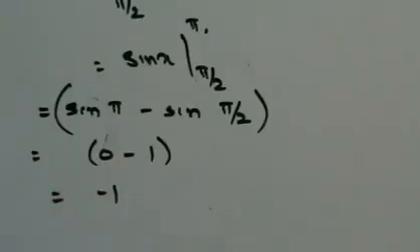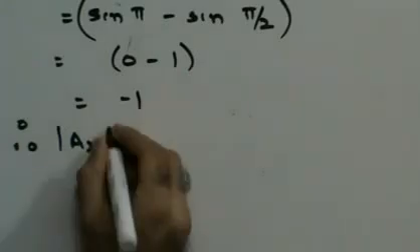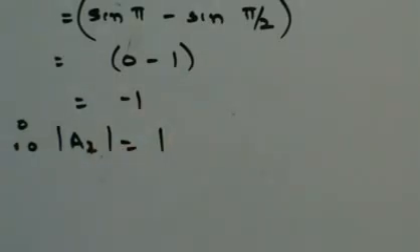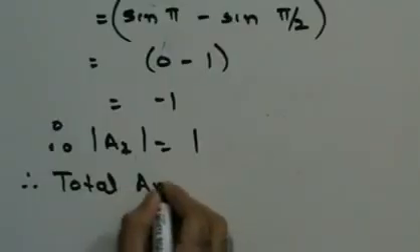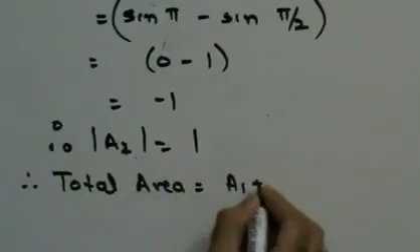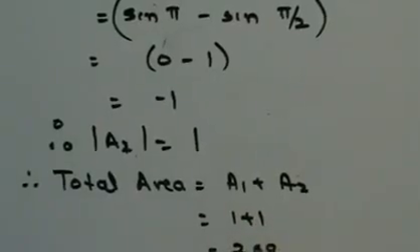But can area ever be negative? No, area can never be negative. Therefore, I can say that the modulus of area is nothing but 1. Therefore, what is the total area? Total area bounded by the curve is nothing but A1 plus A2, that's 1 plus 1, that's 2 square units.